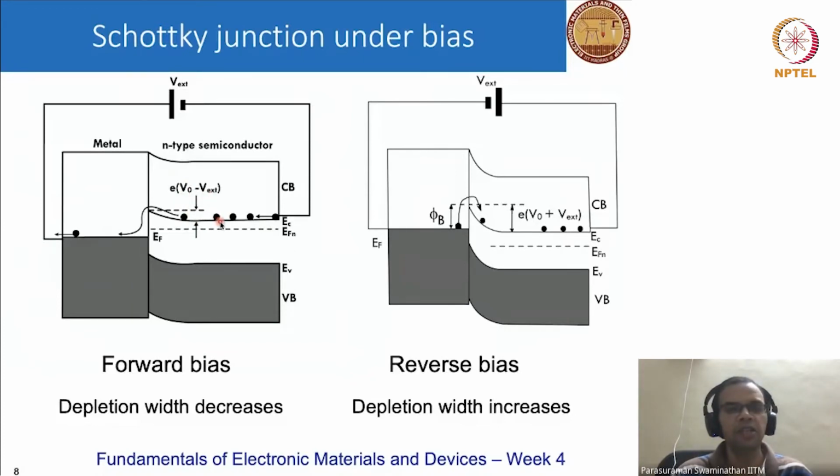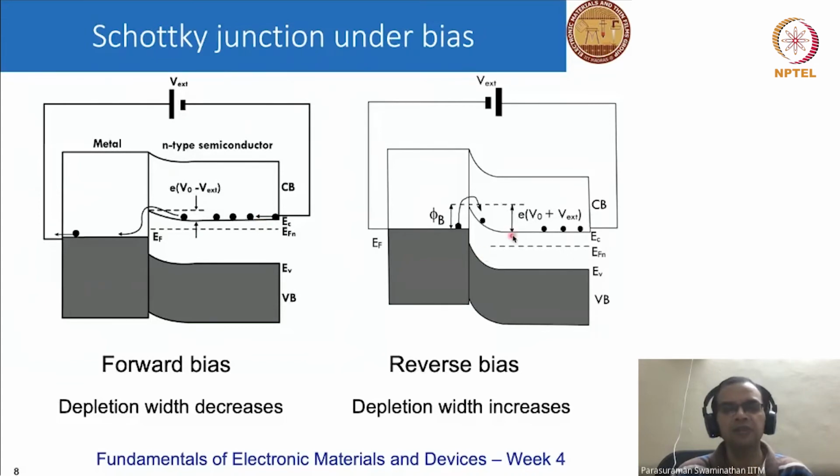Now the potential is the barrier that prevents electrons going from the semiconductor to the metal, which means if I reduce the barrier, more electrons can transfer, which means we have a current that can flow, and the amount of current flowing is directly dependent on the external potential that we apply.